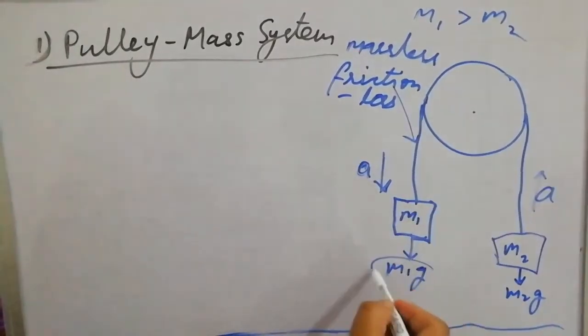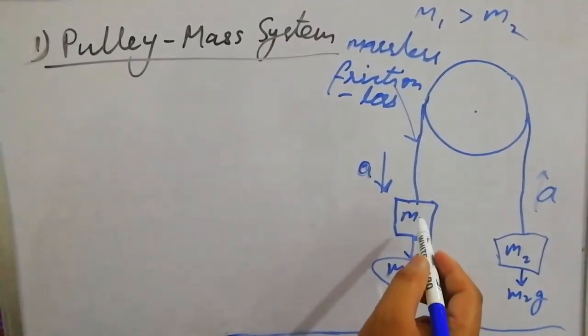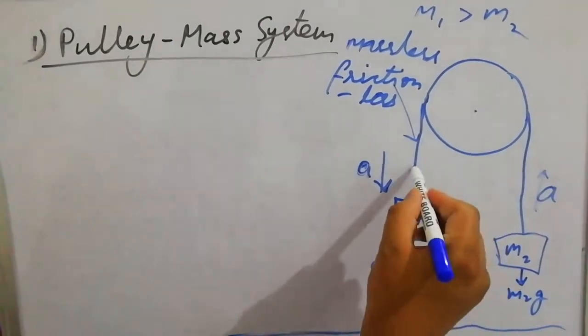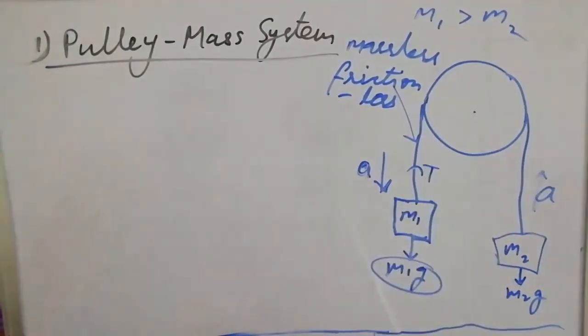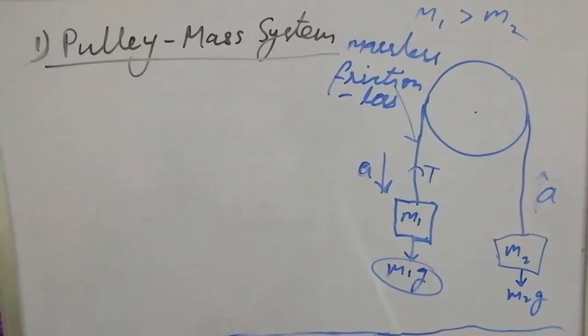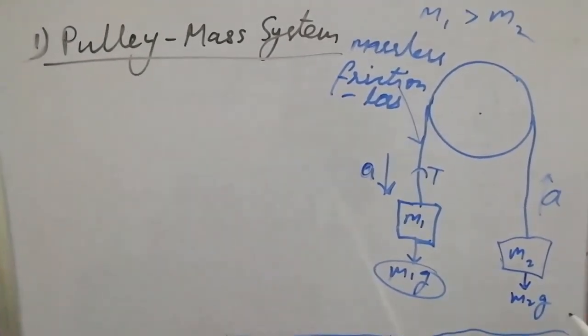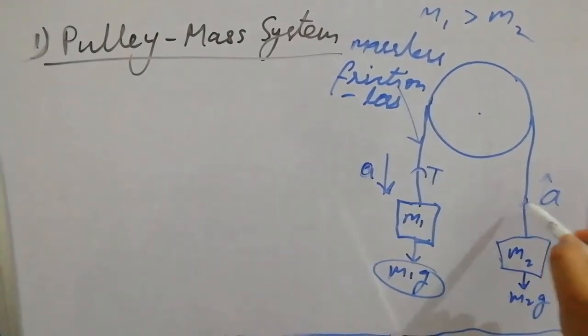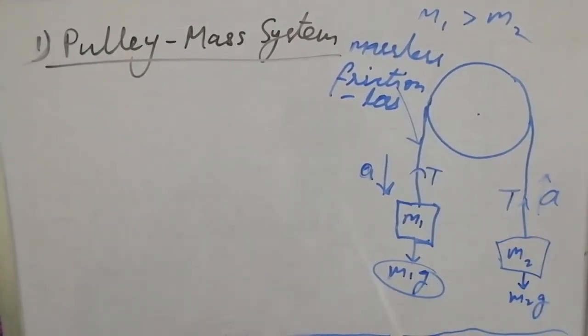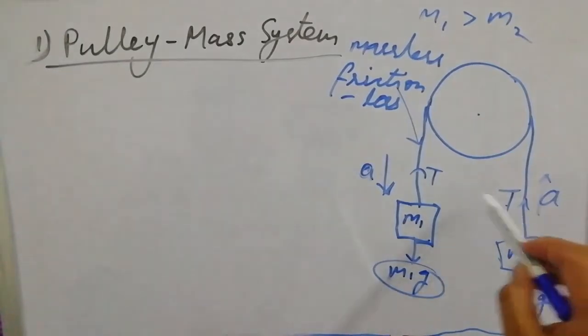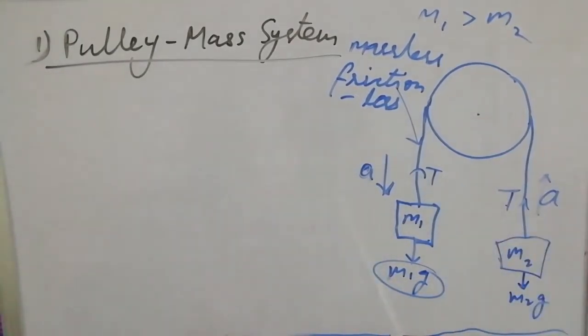So the weight of the body, m1g, is acting downwards, so the tension will be acting opposite to the weight, in the upward direction. Similarly, m2g is acting downwards, so there will be a tension in the upward direction. Now these two tensions will be the same. Why?